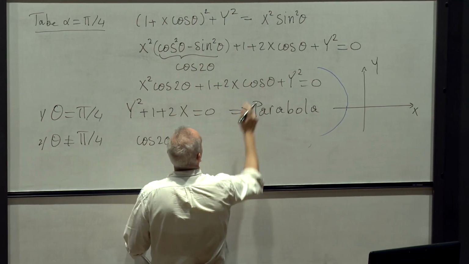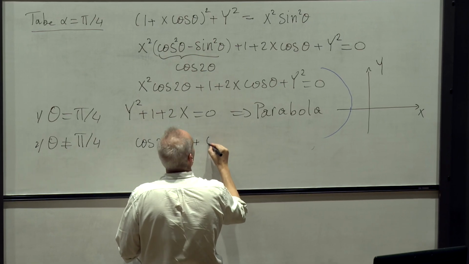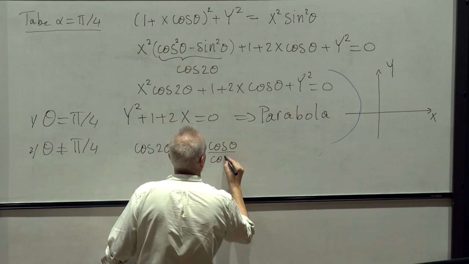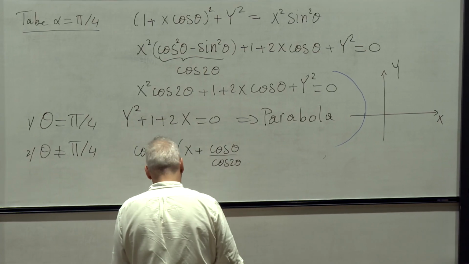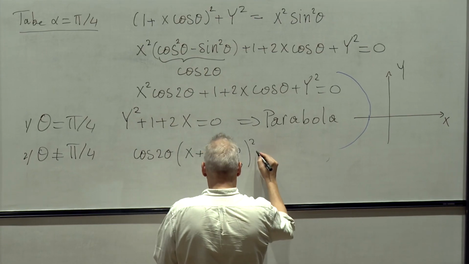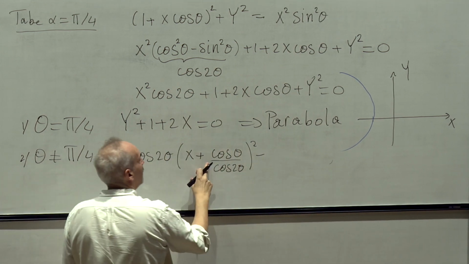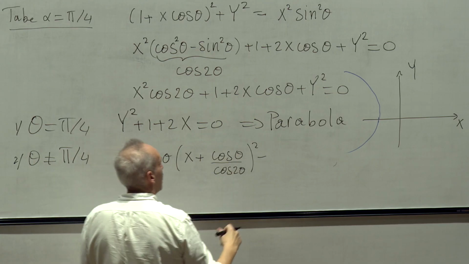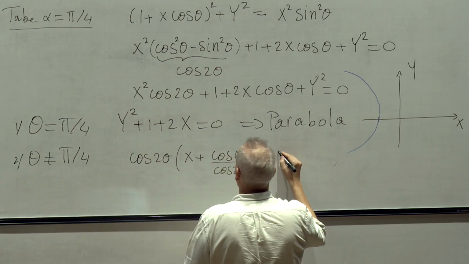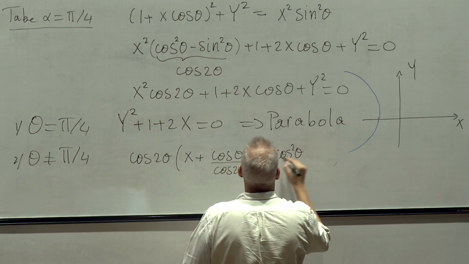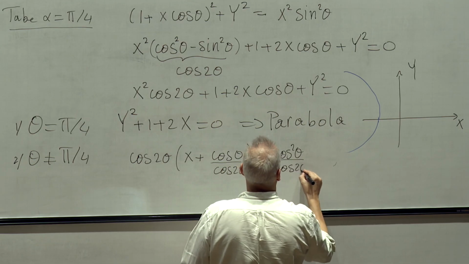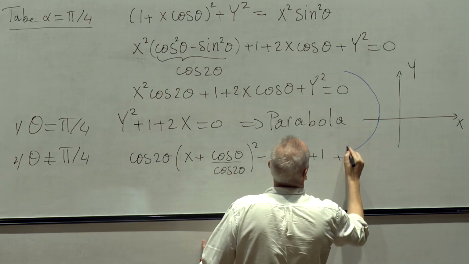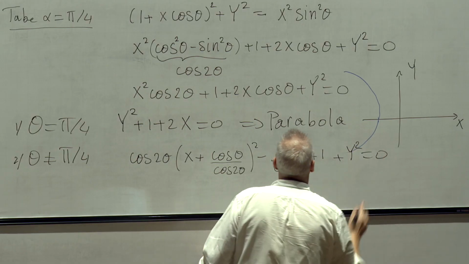Now I have to get this term here. So I need cos theta, but I have cos 2 theta outside, so I have to divide by cos 2 theta square. Now I've added this term when I completed the square, so I have to remove the extra 1. So that's cos square theta divided by cos 2 theta plus 1 plus y squared equals 0.